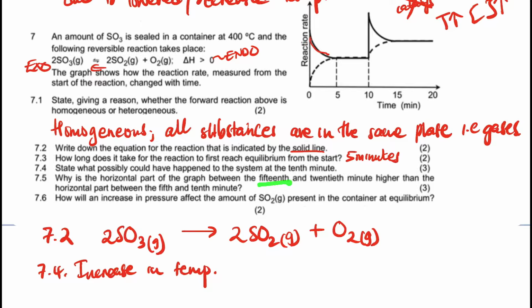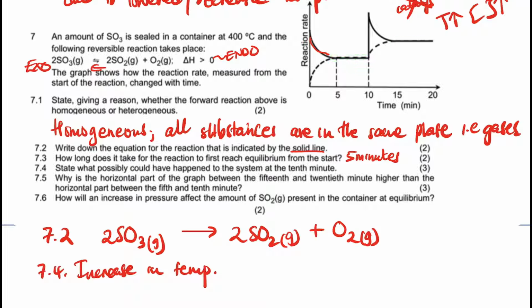Why is this part higher than this one? I hope that's what the question asks. So it is higher because there are different equilibriums there, number one, right? There are different equilibriums, but these are the two equilibriums.